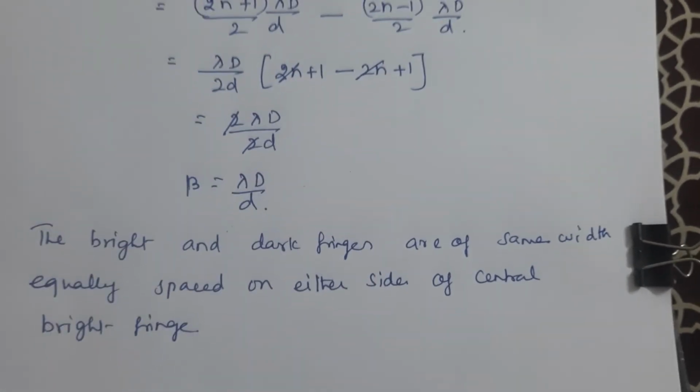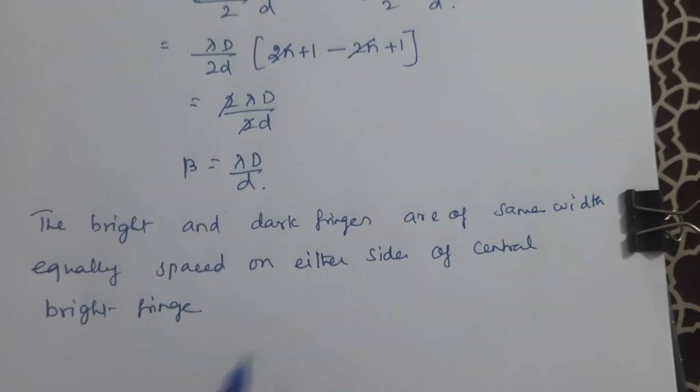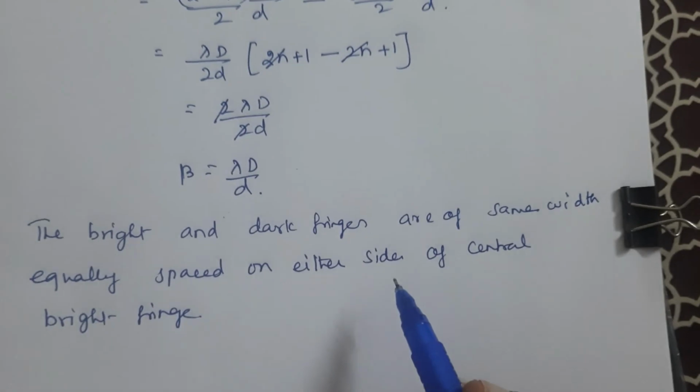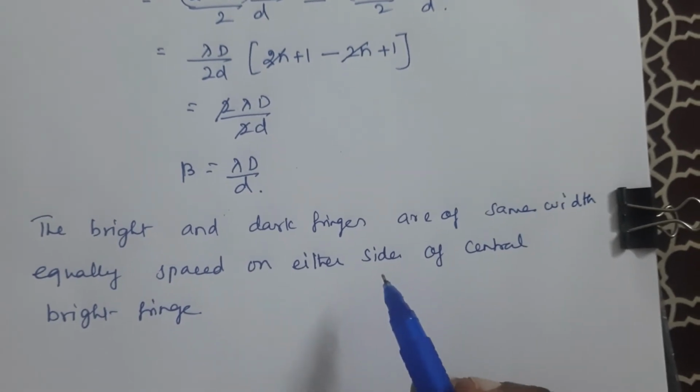The bright and dark fringes are of the same width, and they are equally spaced on either side of the central bright fringe.